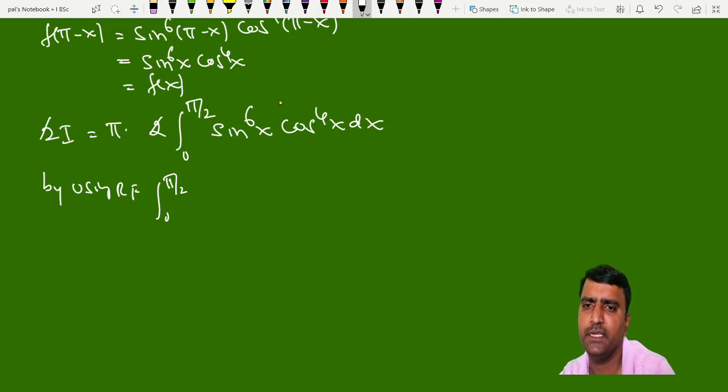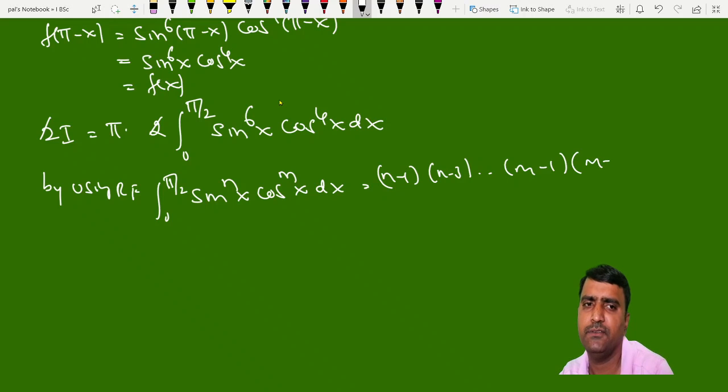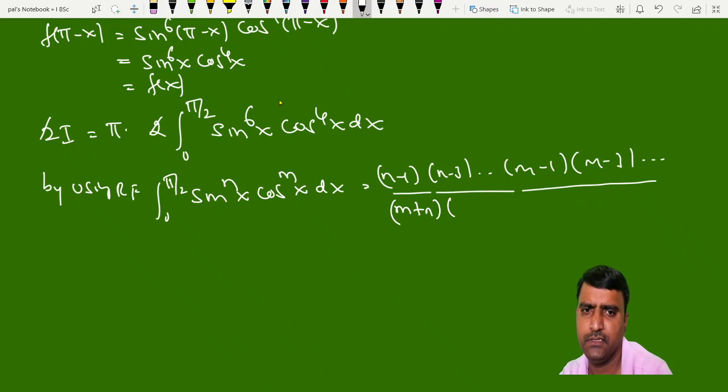By the reduction formula, integration from 0 to pi by 2 of sine to the power nx into cos to the power mx dx is equal to n minus 1 into n minus 3 and so on, into m minus 1 into m minus 3 and so on, in the numerator, divided by m plus n into m plus n minus 2 and so on in the denominator.